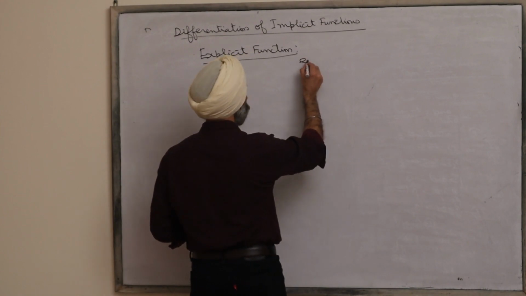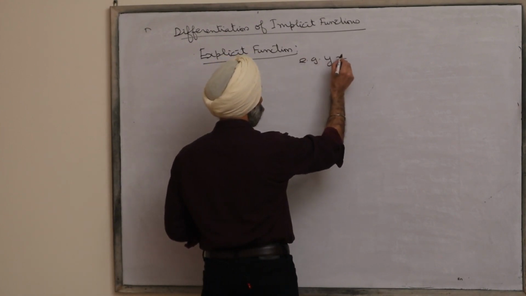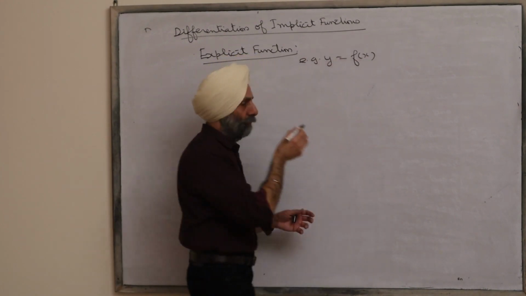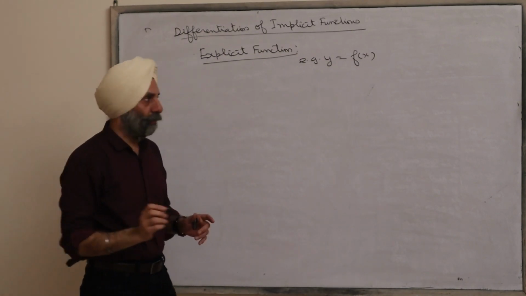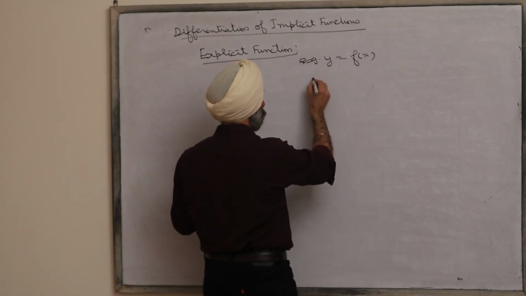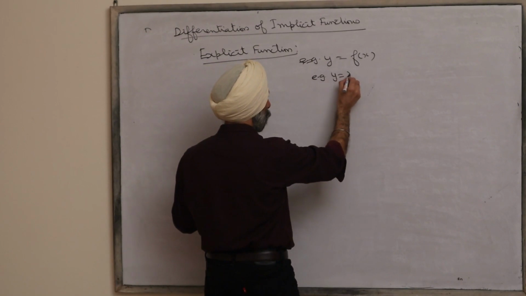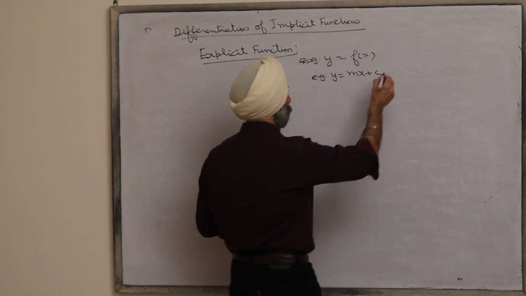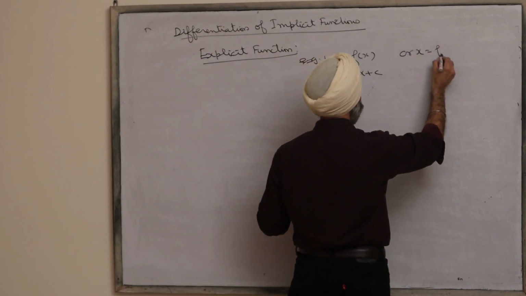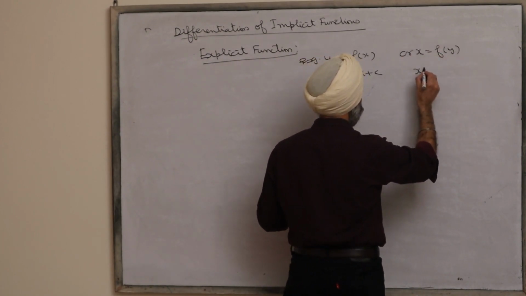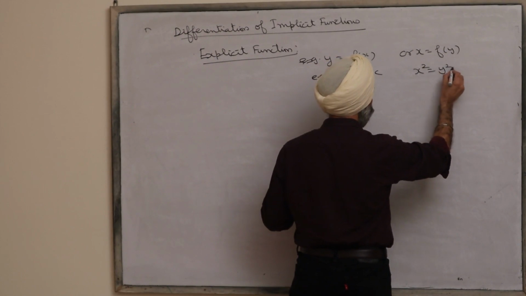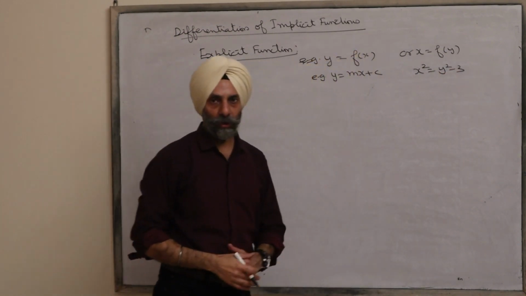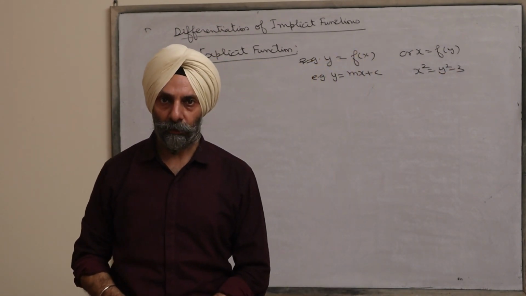For example, y is equal to f(x). So this is your explicit function. For example, if I write y is equal to mx plus c, that means it is explicit function. Or x is equal to f(y), so it is x square is equal to y square minus 3. So this is also an explicit function.